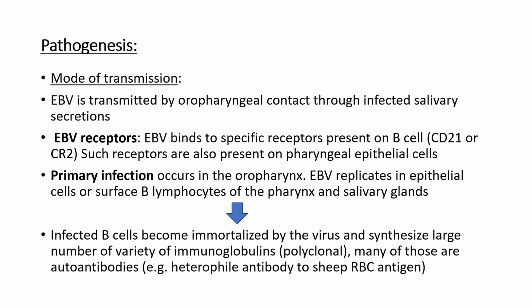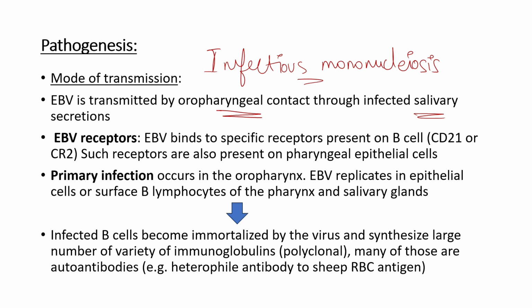So coming to pathogenesis of Epstein-Barr virus. The mode of transmission of Epstein-Barr virus is oropharyngeal contact through the salivary secretions. Hence the infectious mononucleosis, which is an infection caused by Epstein-Barr virus, is also called kissing disease or glandular disease.